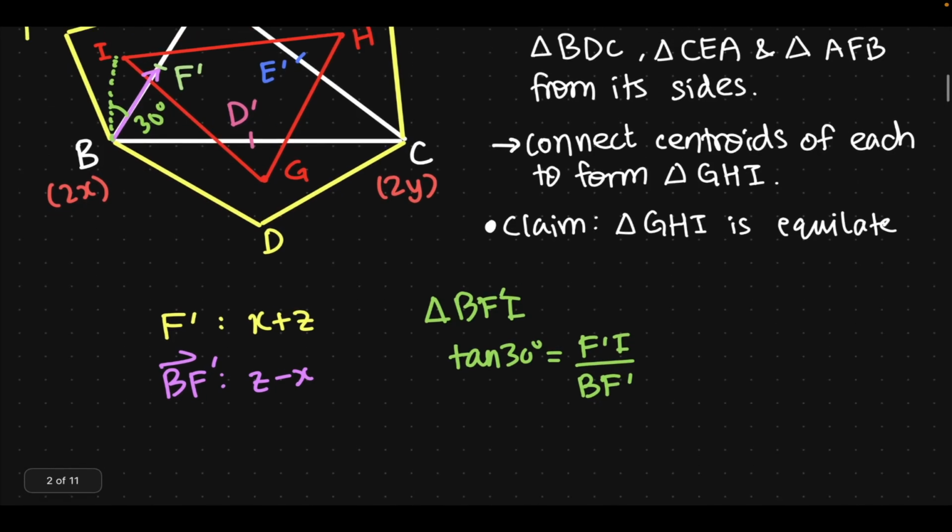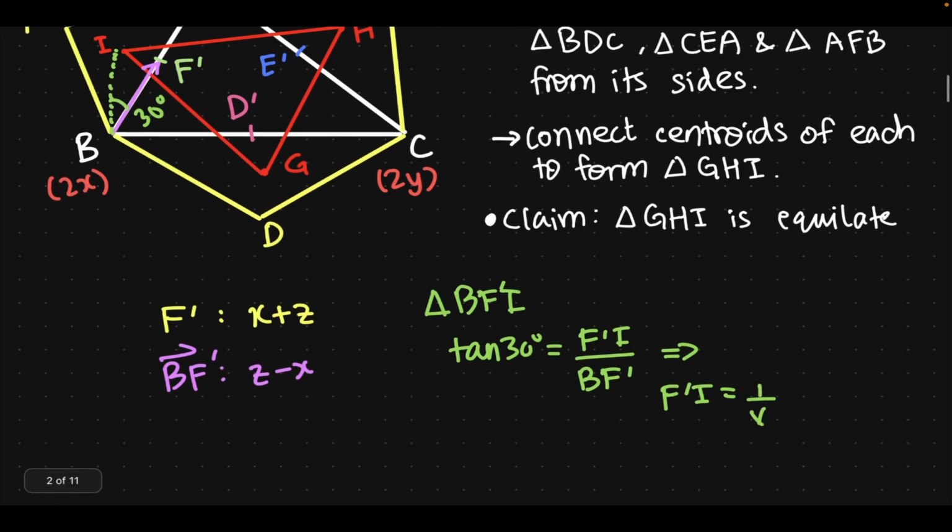It's basically the magnitude of z minus x, because the magnitude of the vector BF prime is the length here. So that gives us that the magnitude of F prime I is actually tan 30, which is 1 over root 3 times the magnitude of BF prime.